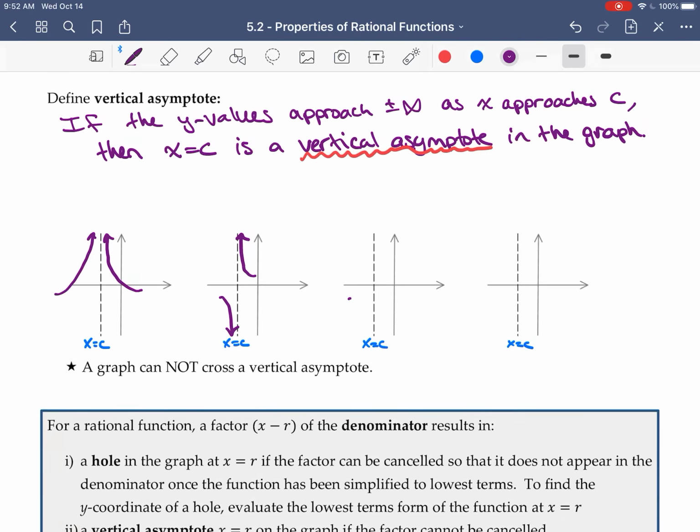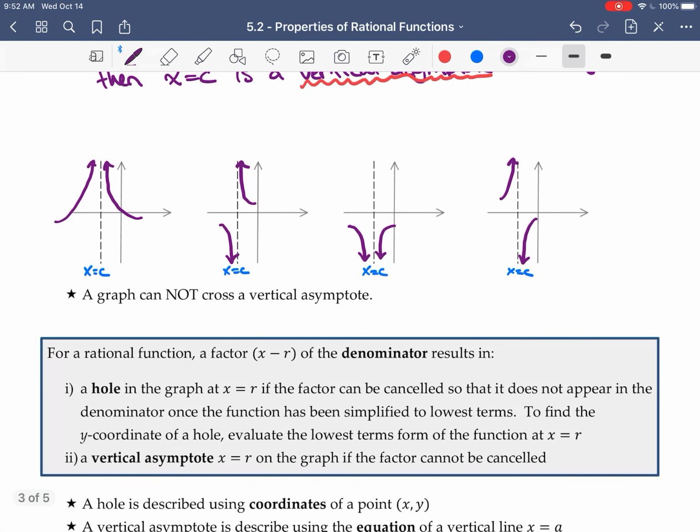It could be that they both go to negative infinity as we get close to c, or it could be the flip. So maybe on this side it goes to positive infinity, but on this side it goes to negative infinity. Okay, so those are all the different ways you can approach a vertical asymptote. Now, this is very important. A graph cannot cross a vertical asymptote. So that never happens.